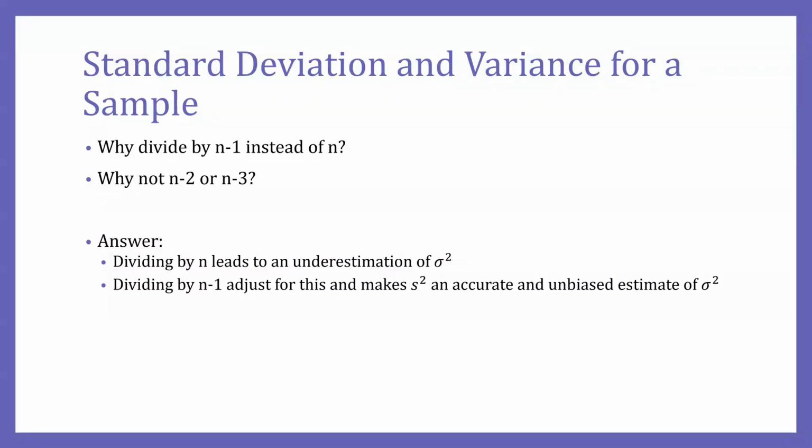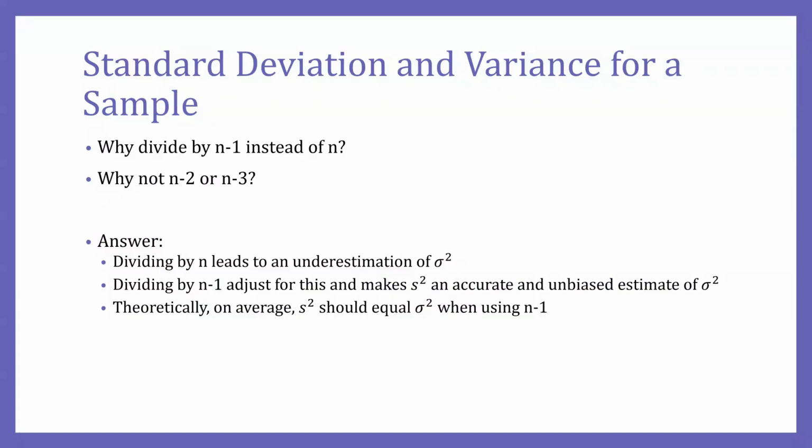So what we end up doing is when we divide by the n minus 1, it actually adjusts for this a little bit. It kind of helps us recognize like, hey, we probably left off some of those more extreme scores. And what we find is that, if you run simulations, knowing the population and the sample, dividing by that n minus 1 actually corrects that and makes the sample variance very, very similar to the population variance.